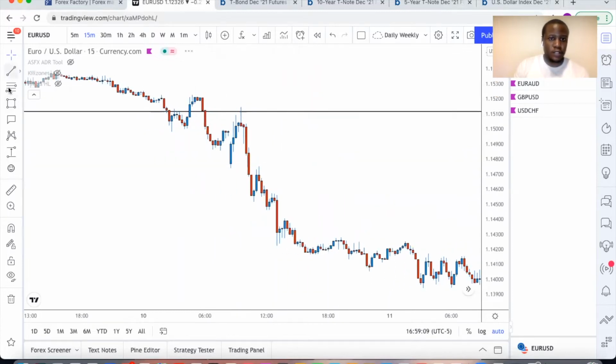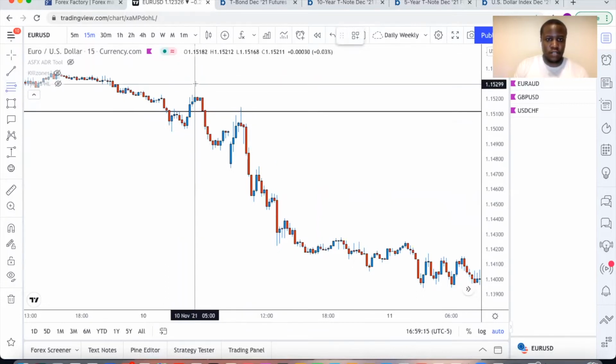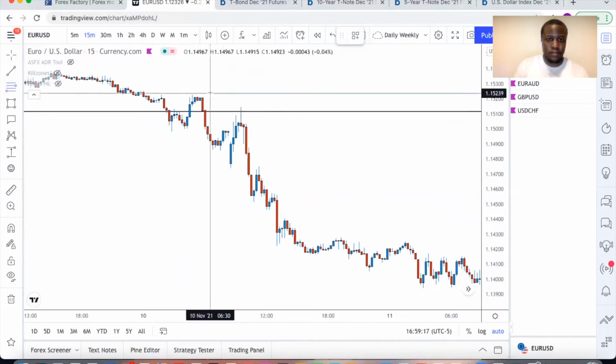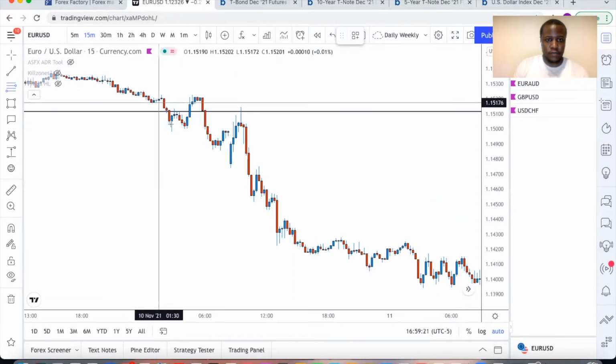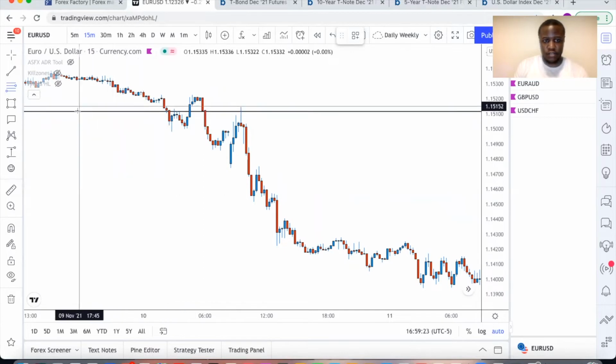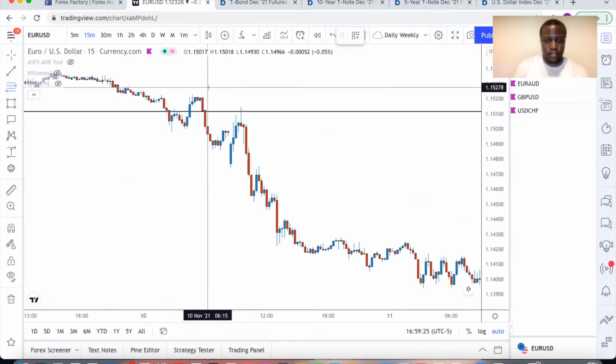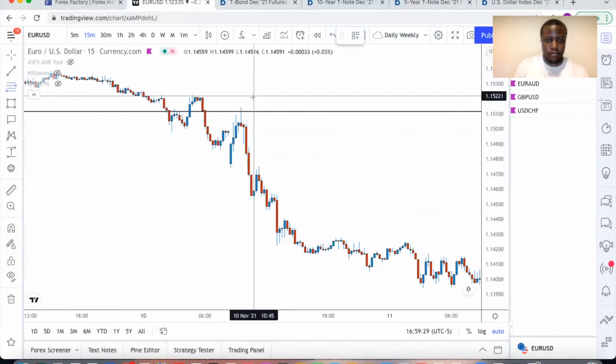All right, so look at this. This is the previous day low. You can see it took it out right here. Took out the previous day low back here. It took it out, came back. Boom, boom.